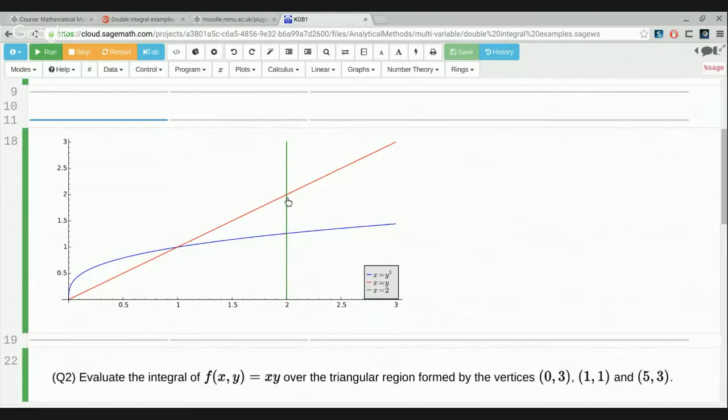Because this top vertex, where the mouse is pointing, is the point with coordinates 2, 2, the intersection of x equals y with x equals 2. And the lowest that the region goes down is this point down here, which is at y equals 1. So we have to go integral from 1 to 2.